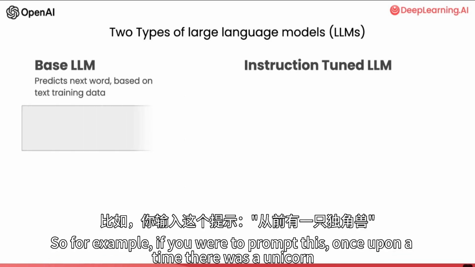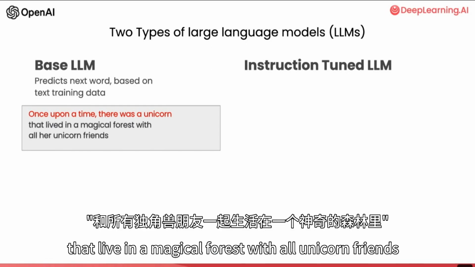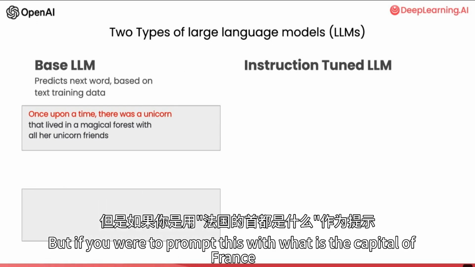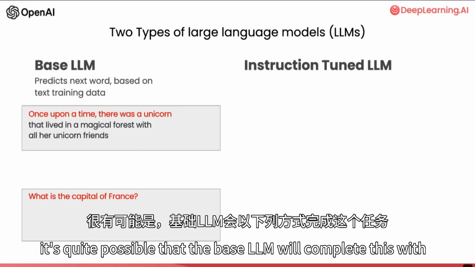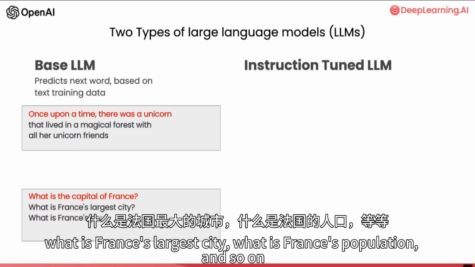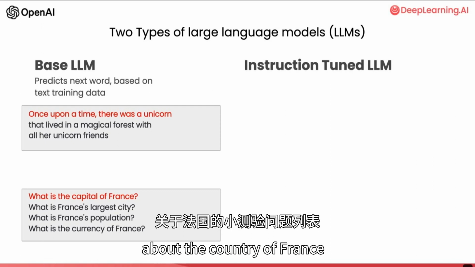So for example, if you were to prompt this, once upon a time there was a unicorn, it may complete this, that is, it may predict the next several words are that live in a magical forest with all unicorn friends. But if you were to prompt it with what is the capital of France, then based on what articles on the internet might have, it's quite possible that the base LLM will complete this with what is France's largest city, what is France's population, and so on, because articles on the internet could quite plausibly be lists of quiz questions about the country of France.